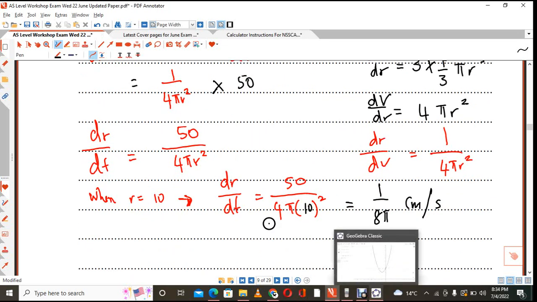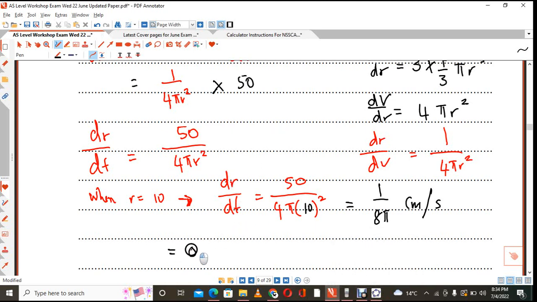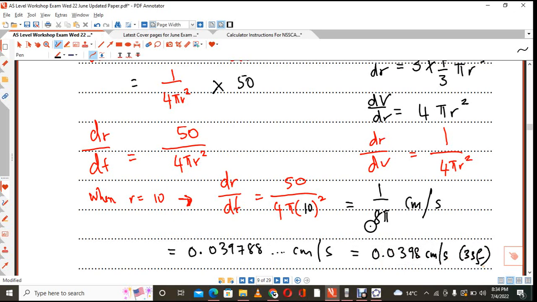At the end of the day, you can also accept things like 0.03978 and so on centimeters per second, correct to three significant figures.